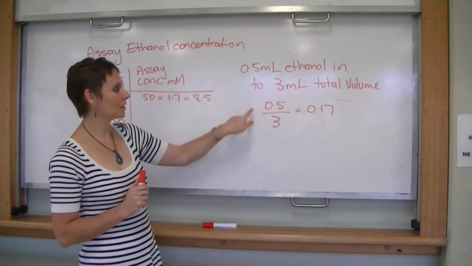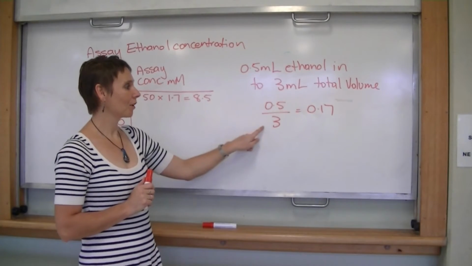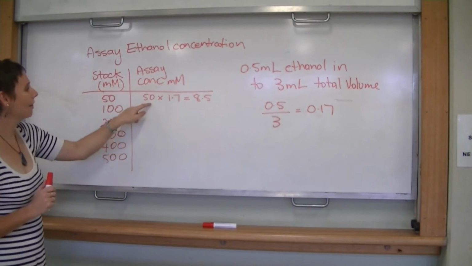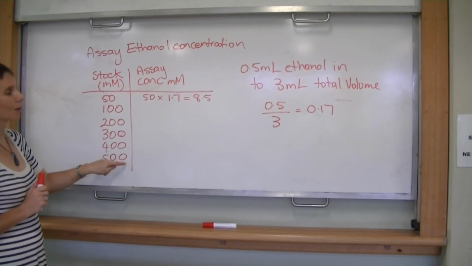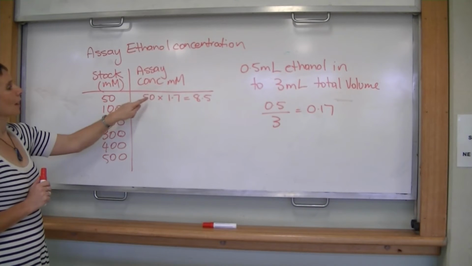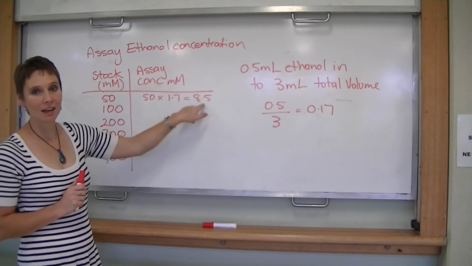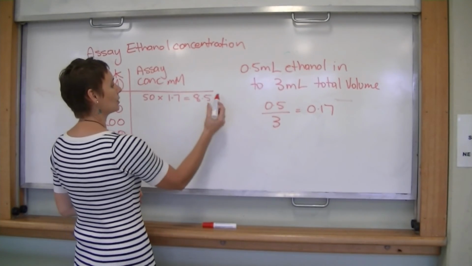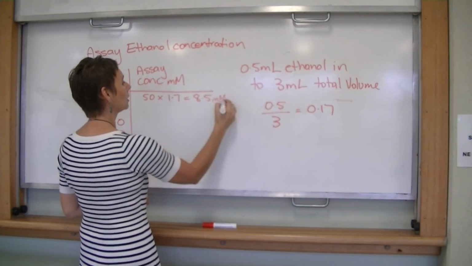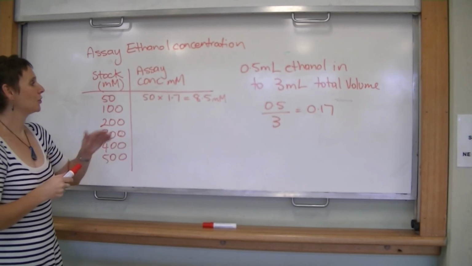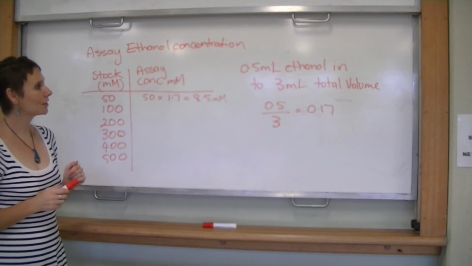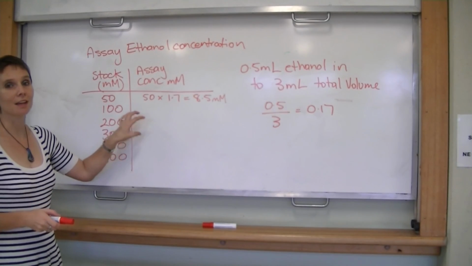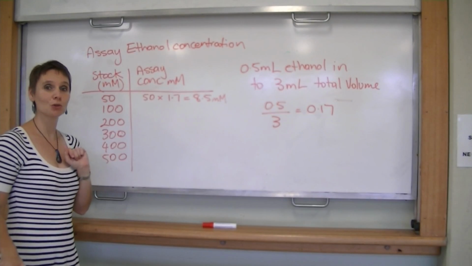So we need to do this calculation, 0.5 divided by 3 equals 0.17. Multiply that by each of our substrate concentrations, and that will get us what is the actual concentration of ethanol in our tube. So this is in millimolar. You need to do that for each of your concentrations, and then that becomes the x-axis in the other graphs, which I will talk about next.